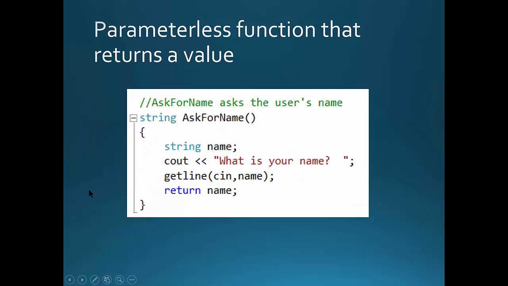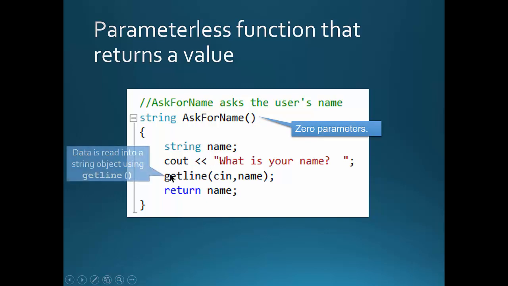The next function is very similar to the last one. Again, this is a function that has 0 parameters, and it has a string return type instead of an int. So this function declares name, uses a getline to get the name from the user and put it into the variable name.